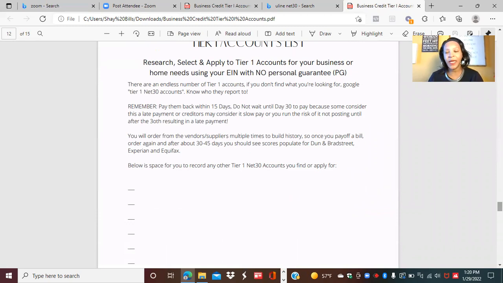Do not wait until day 30 to pay, because some consider this a late payment, or creditors may consider it slow pay, or you run the risk of it not posting until after the 30th, resulting in a late payment. So those are the top 3 reasons why you will hear all of us in the business credit world tell you to pay super early.